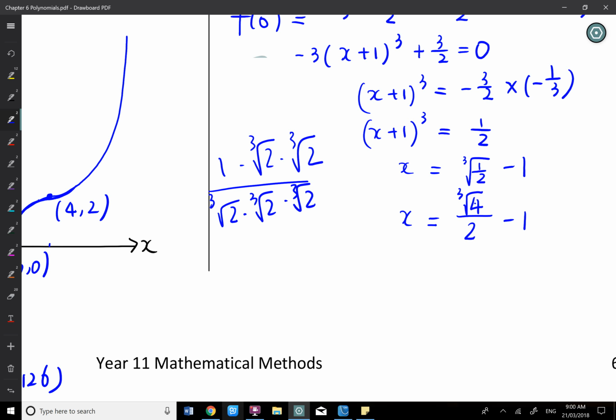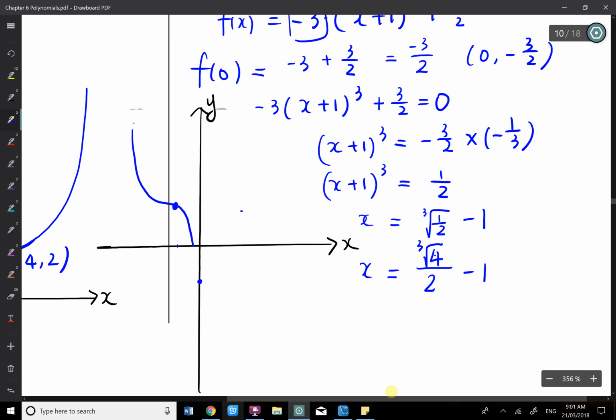I can't really show it, it's too tiny. Okay, this point is (0, -3/2). This point is (-1, 3/2). And there's an x-intercept, which is (cube root 4 over 2 minus 1, 0).